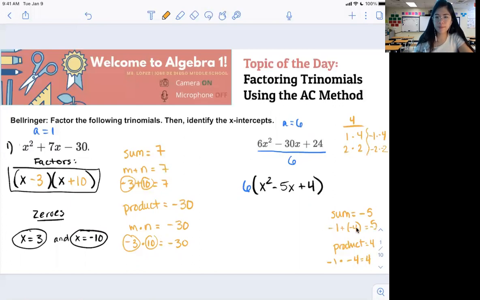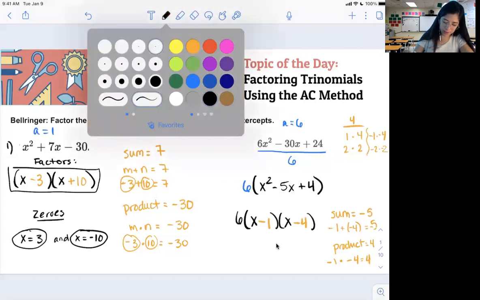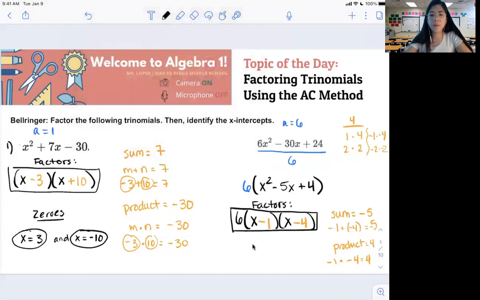So I can break it down one more step. I get 6, x minus 1, and x minus 4. And those are my factors. From there, what are my zeros?